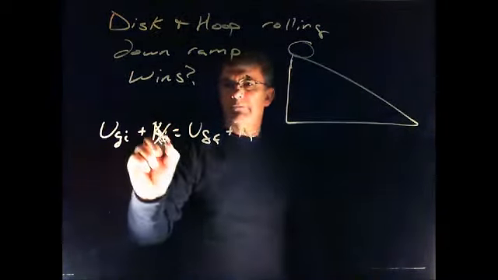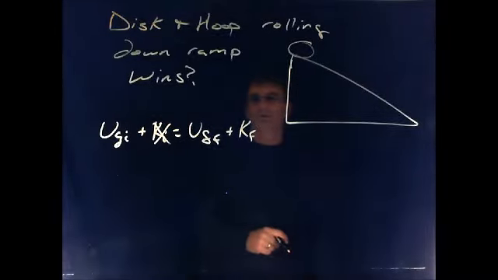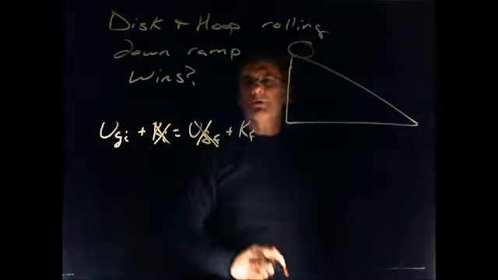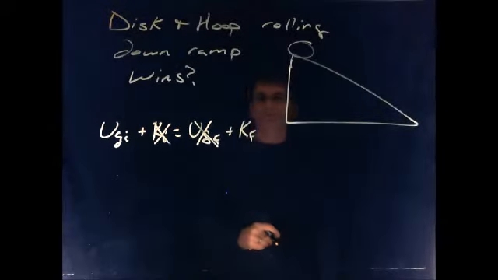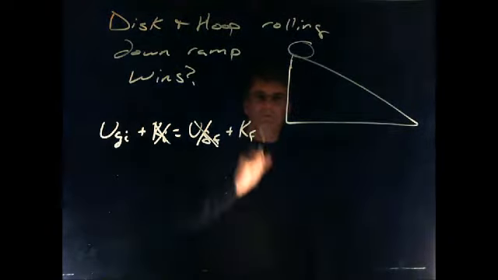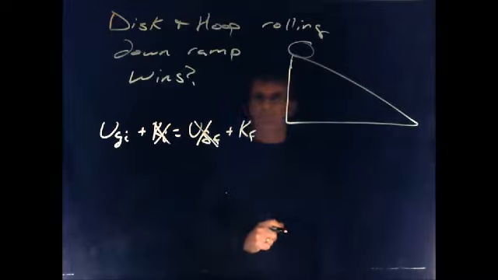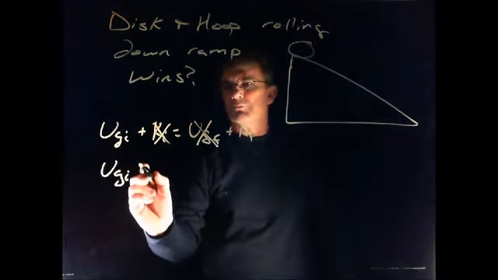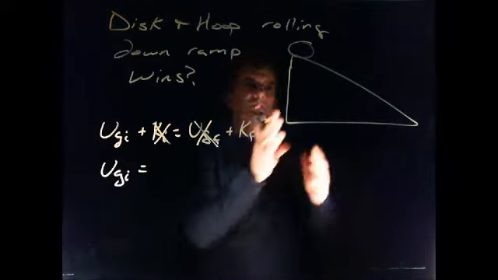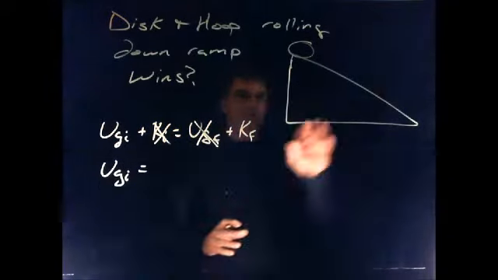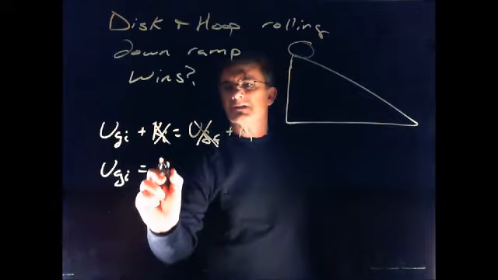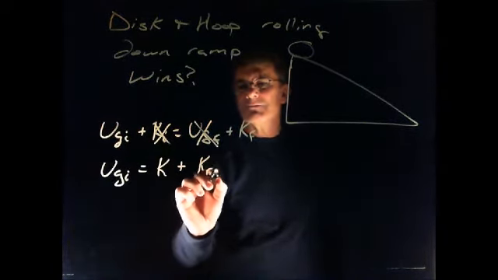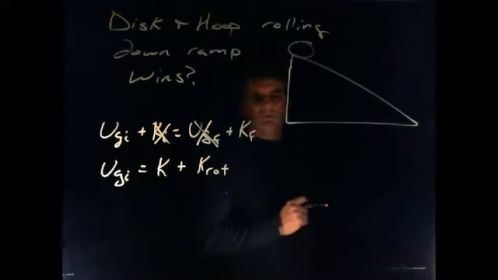They're both at rest, no initial kinetic. At the bottom, they both have no gravitational potential. They both have some kinetic energy. This gravitational potential is going to get converted into kinetic energy. It gets converted into translational kinetic, and it gets converted into rotational kinetic.